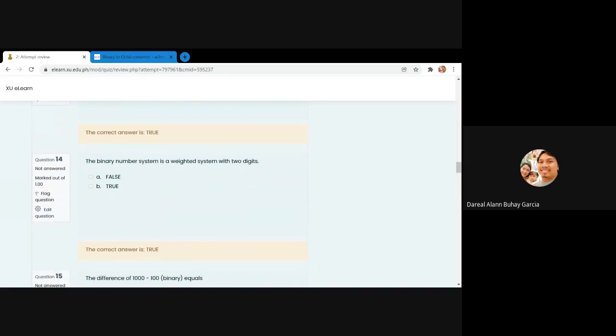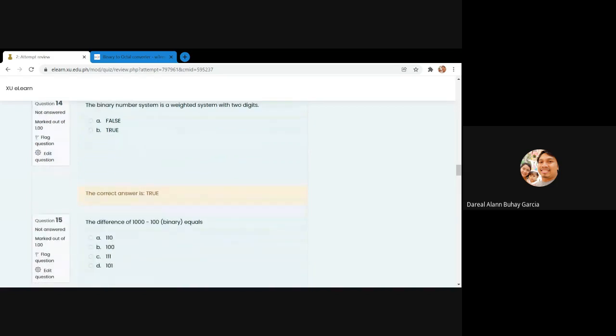The difference of 1000 and 100 in binary equals... I don't know what's unweighted in this case, but it's probably weighted in the sense that each digit gives a value, like times 10 to the power of something.